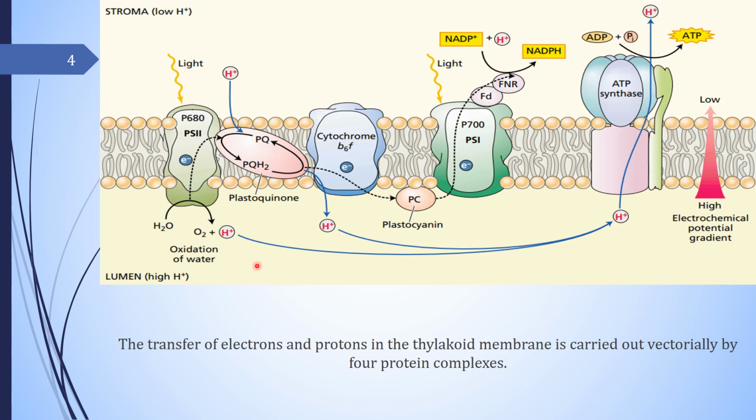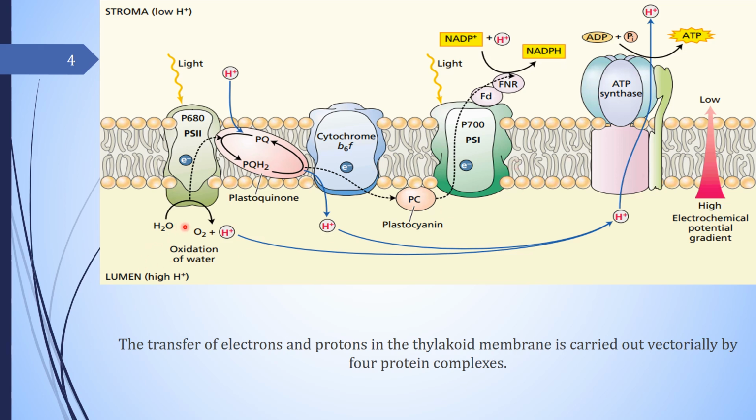The figure shows that the transfer of electrons and protons in the thylakoid membrane is carried out vectorially by four protein complexes: PS2, cytochrome b6f, PS1, and ATP synthase.